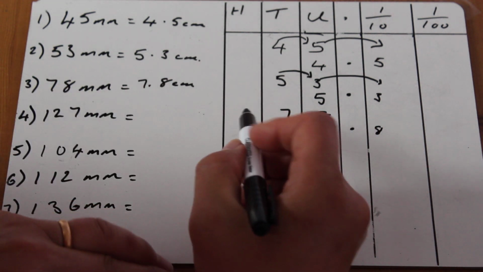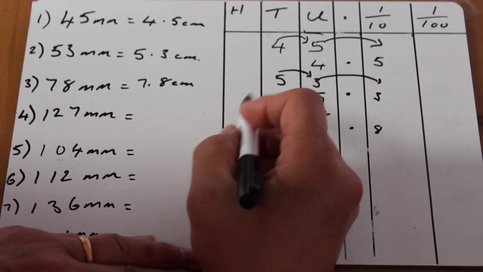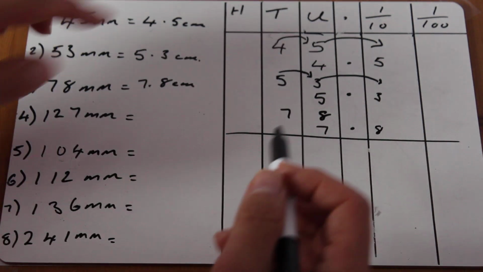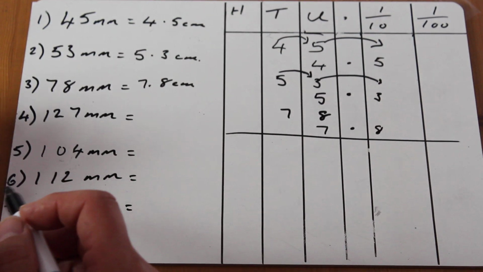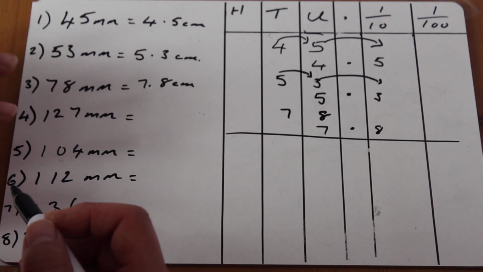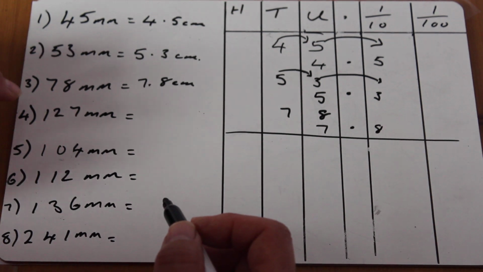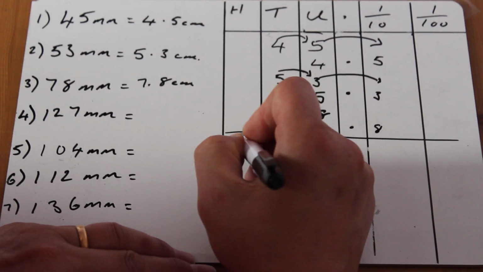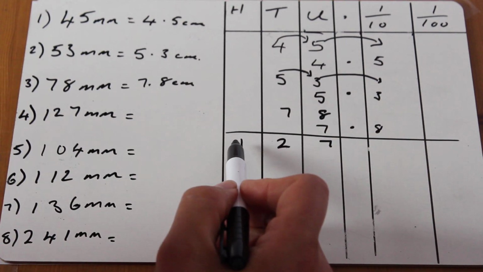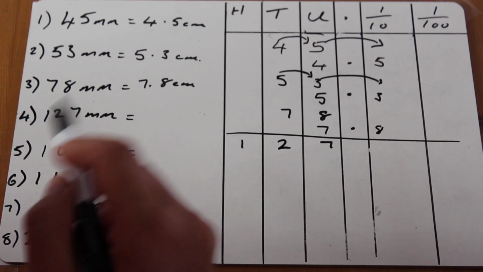Okay, for questions 4 to 8, they are now dealing with hundreds. So we need to come into our hundreds column. So let's look at the first few, and I'll do those with arrows, and then I'll stop doing the arrows because I'm going to run out of space. 127, so that gets written down in the correct column headings. 100, 2 tens, 7 units.